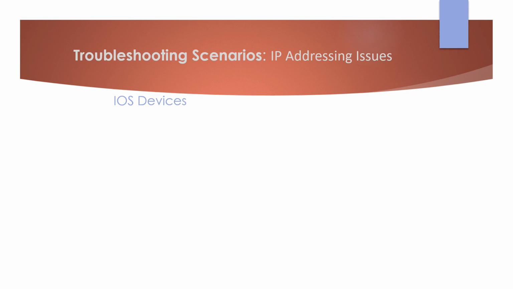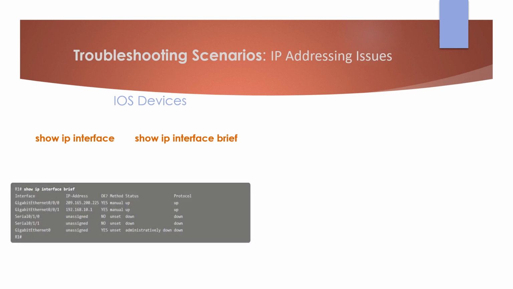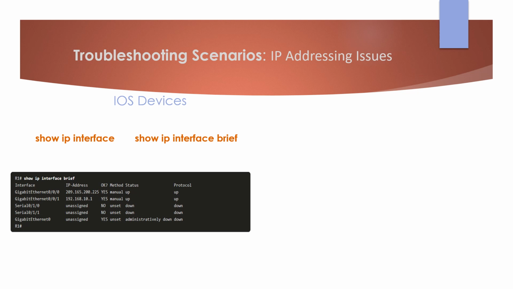So on an iOS device, we use the show ip interface or show ip interface brief commands to verify what IPv4 addresses are assigned to the network interfaces. For example, by using the show ip interface brief command at router 1, we can see the status and how the interface would be validated, even with the IP address.